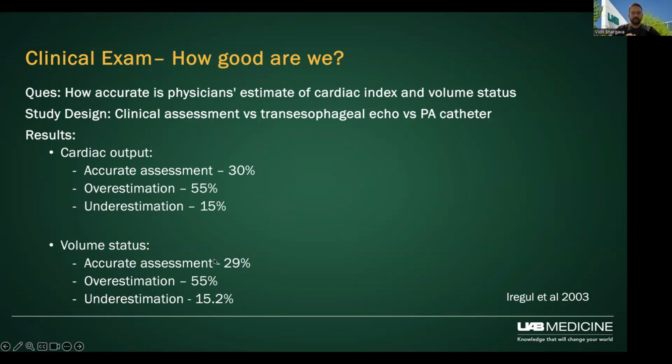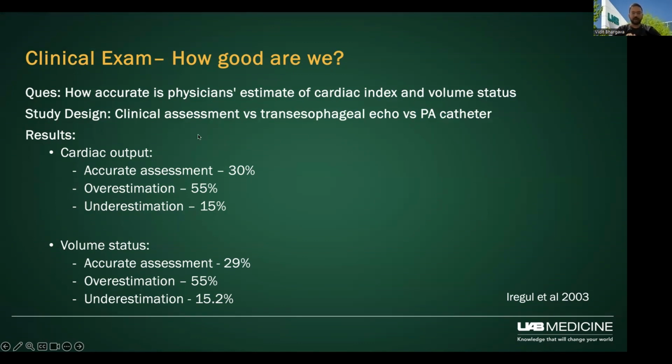So this was a study that was done back in 2003. The question asked by the study was a pretty simple one. How accurate is a physician's estimate of cardiac index and volume status? The study was designed keeping in mind comparison between clinical assessment versus a transesophageal echocardiogram versus a PA catheter.